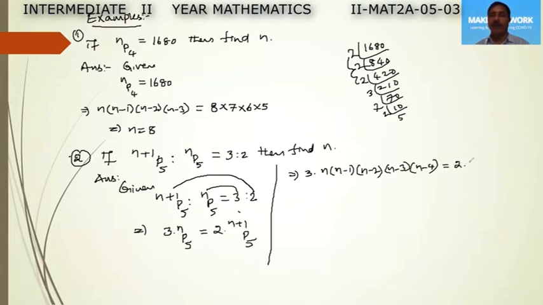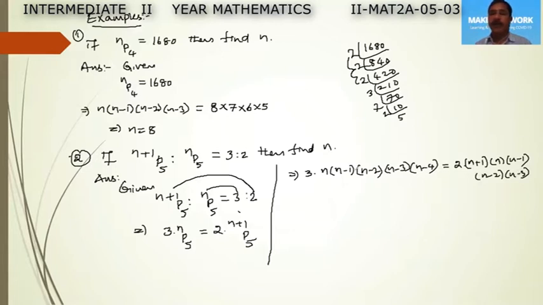So here r is equal to 5 given. So we can write this as the product of 5 consecutive values from n plus 1 in descending order: n plus 1 into n into n minus 1 into n minus 2 into n minus 3, the product of 5 consecutive values.